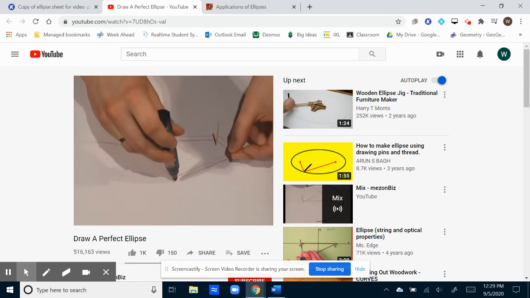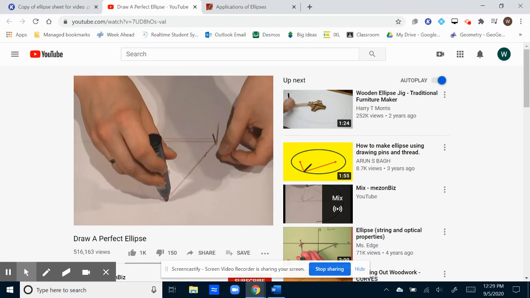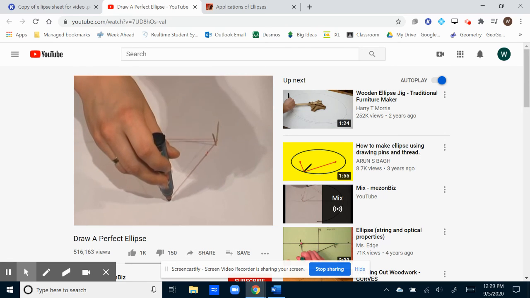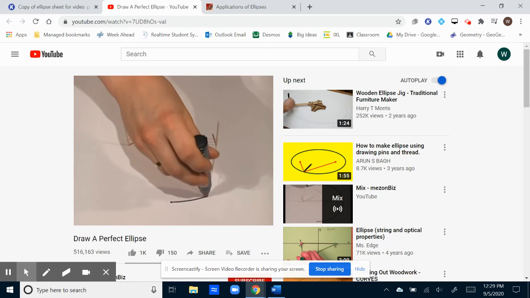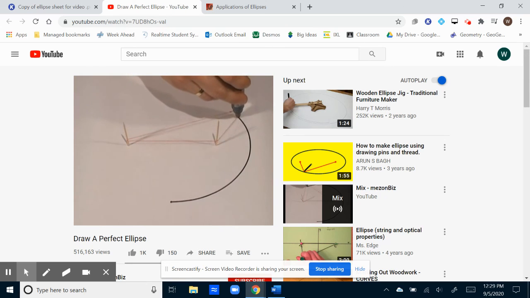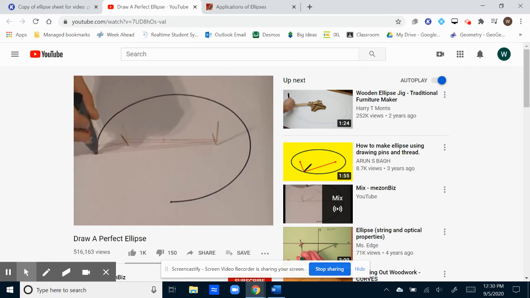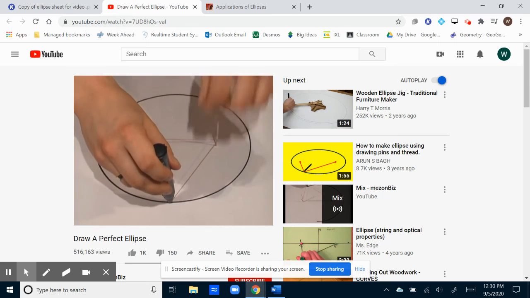If you pull that rubber band tight and then go around your two toothpicks, you'll see it forms a perfect ellipse. So my question to you guys would be, what's the significance of the two toothpicks? Basically, what do they represent here?